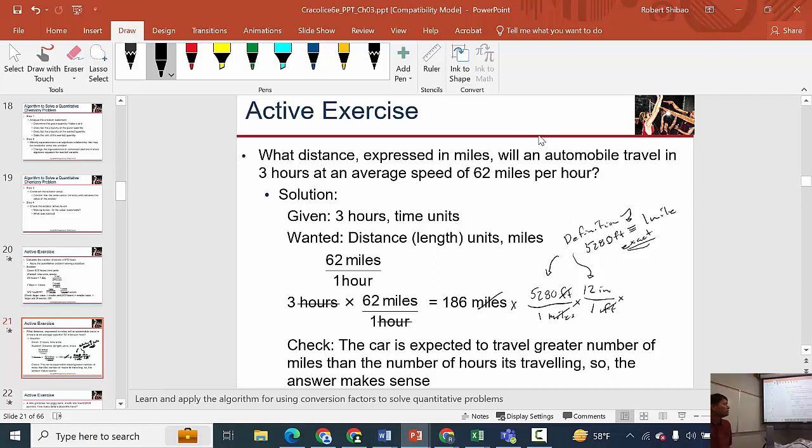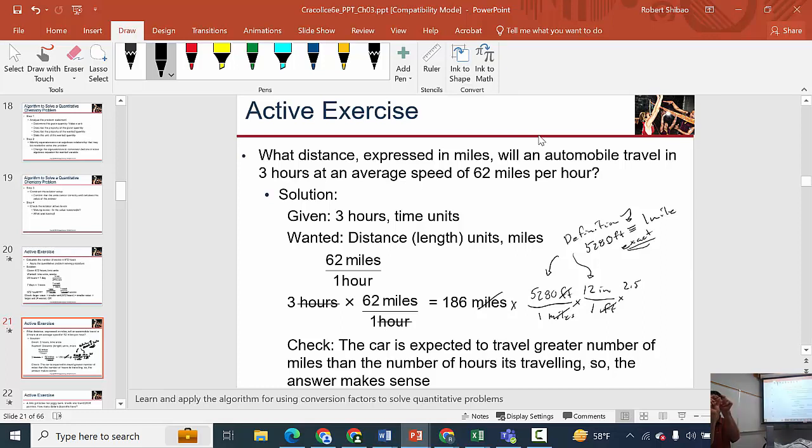Now there's another definition that you may not know, and that is the definition between inches and centimeters. It's exact. Do you know how many centimeters are in an inch? No. An inch is about this long.